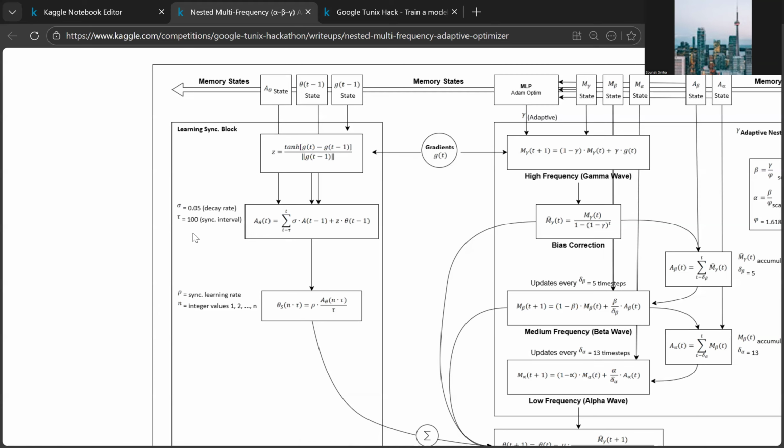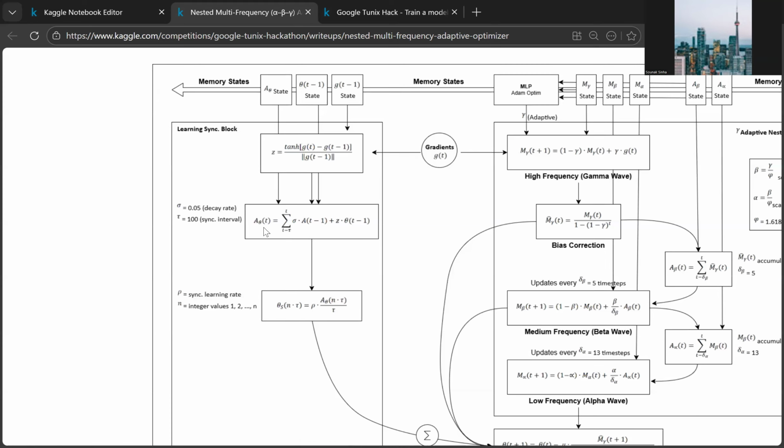After every 100 step sync interval, it updates with this formula. It is similar to the knowledge gain formula used for other waves like alpha, beta, gamma waves, and it is also referred from the Adam optimizer. You can deep dive into the mathematics.